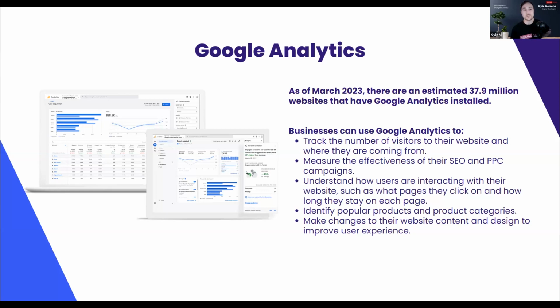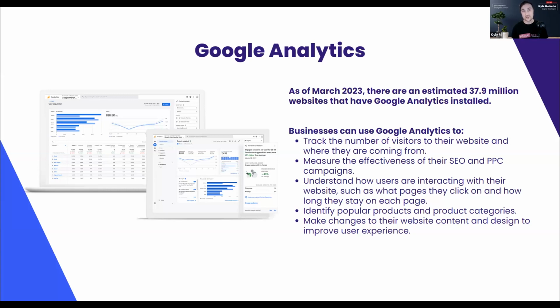And what it can help you with as a business owner is tracking not only the number of people coming to your website, but where are they coming from? Where are you getting your customers? And this is really important because if you're spending money on anything related to your marketing, you want to know where those people are coming from and if that's working. You want to be able to track the effectiveness of any SEO work you're doing, even if it's you with AI writing your articles.